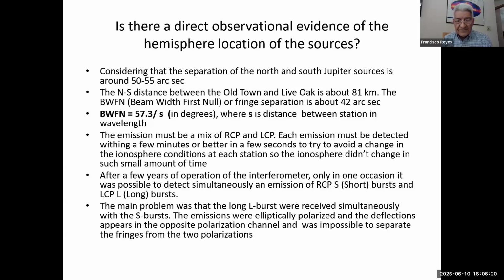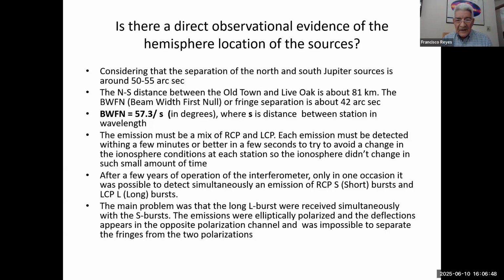The problem was that the emission leaked from the right hand to the left hand, especially with the L bursts, which were almost continuously being emitted during the time in which the S-bursts were emitting. So that didn't allow us to separate the fringes from the two polarizations.